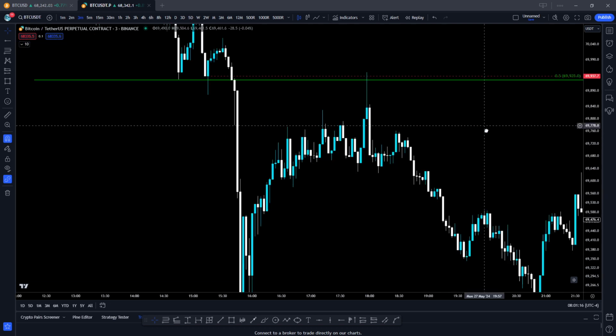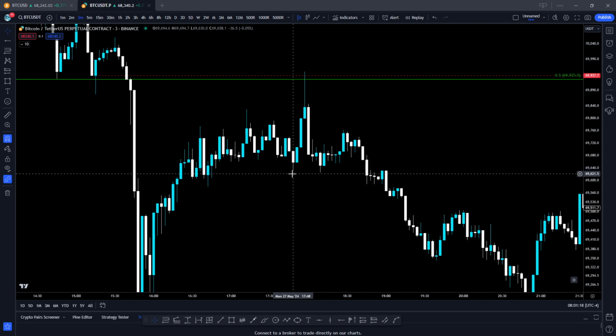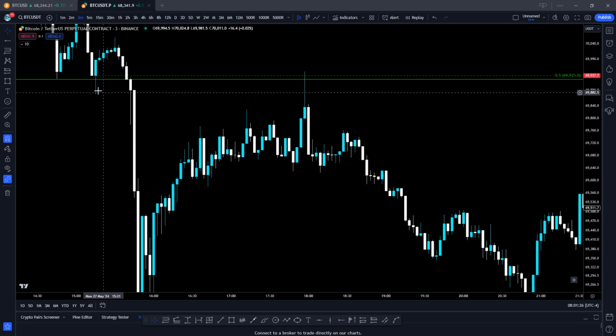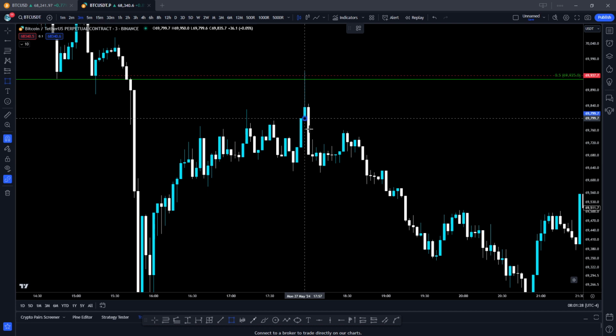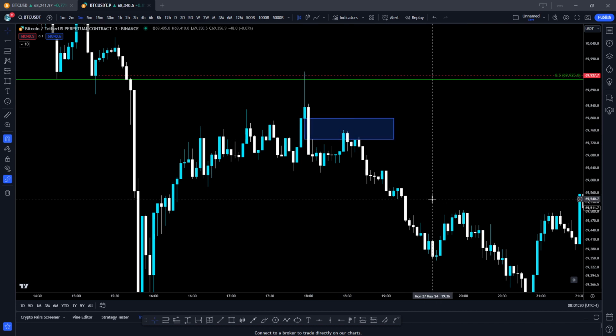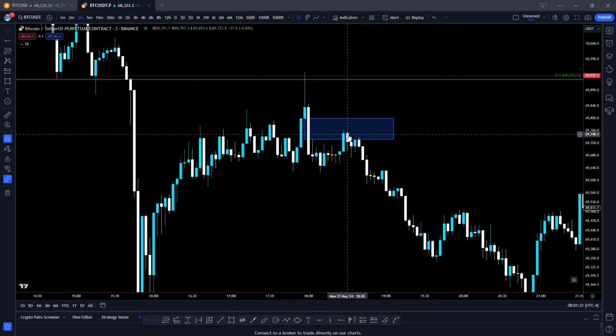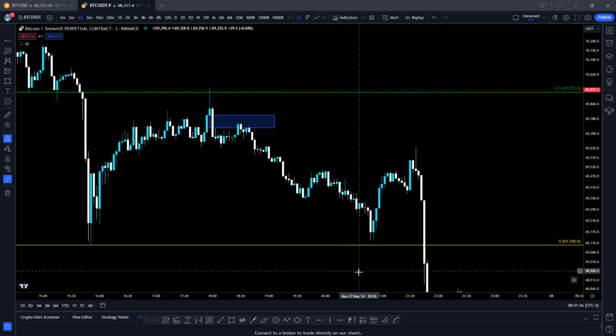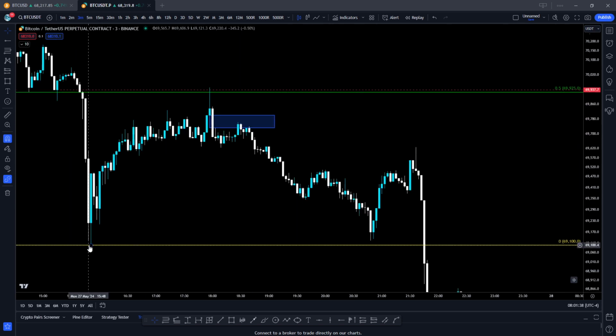And what do we have? We have this low. It gets taken out right here. Did we create a fair value gap? Yes, right here. We get right into that fair value gap, and then we continue lower, breaking this low.